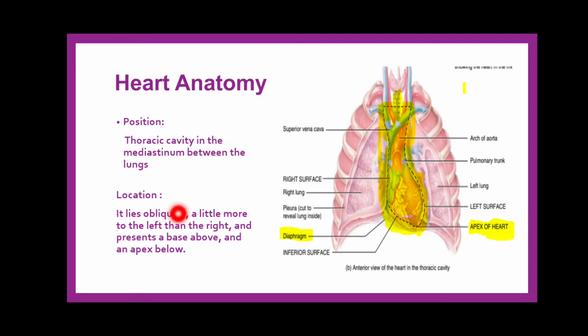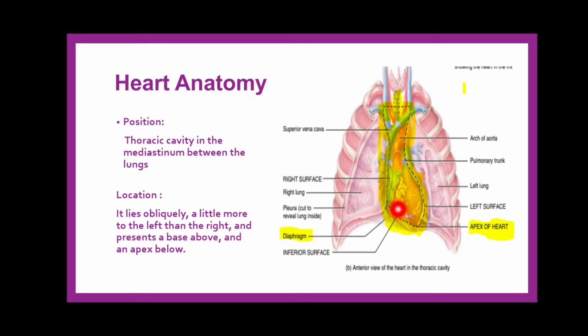Next is location. Location mein it lies obliquely. It is not straight. It is oblique, as you can very clearly see in the diagram, the yellow color highlighted part. Little more to the left than the right. So as we have already discussed, this is our right, this is left. So it is a little more towards the left side.